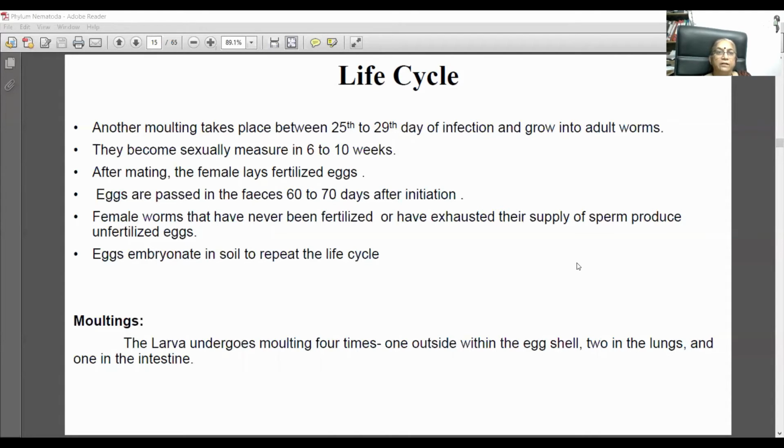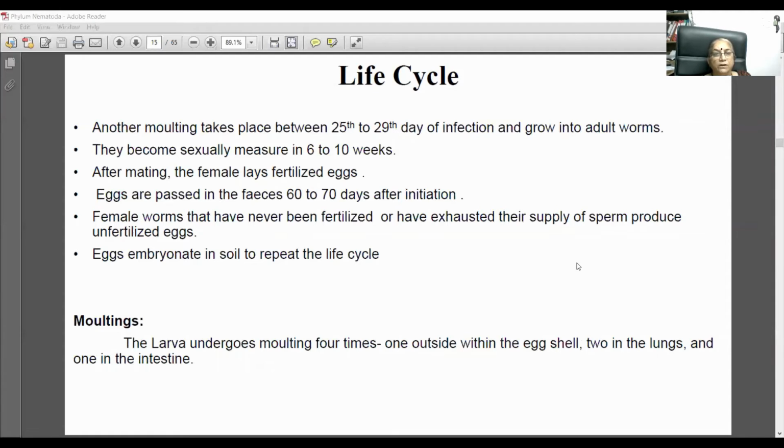After mating, the female lays the fertilized eggs, and the eggs are passed in the feces around 60 to 70 days after initial infection. So, it is around more than 2.5 months that the whole cycle completes, and the patient is going to excrete the eggs in the feces.